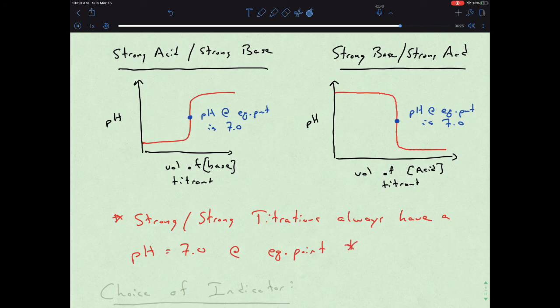So they're always going to have that pH of 7 at the equivalence point. We're always going to see very flat lines in front and in back of that equivalence point. And that's really indicative of a strong titration.